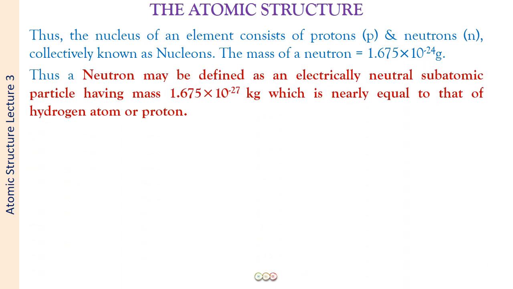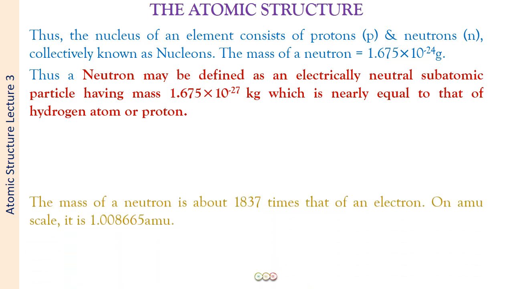This is slightly higher than that of a proton. So now we can comfortably define a neutron to be an electrically neutral subatomic particle having mass 1.675 into 10 power minus 27 kg, which is nearly equal to that of the hydrogen atom or the proton, slightly higher mass.